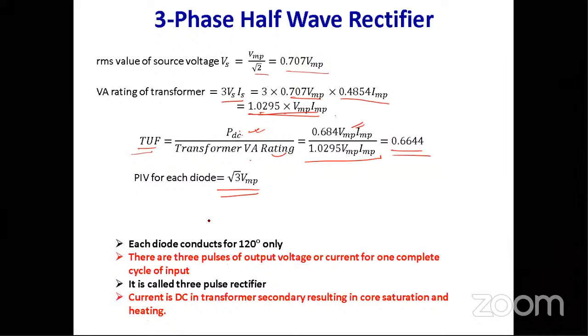So in that way, you have to calculate one by one all the factors, starting from the ripple factor, what is the DC voltage, what is the AC output voltage, and what is the rectification efficiency, PDC by PAC.